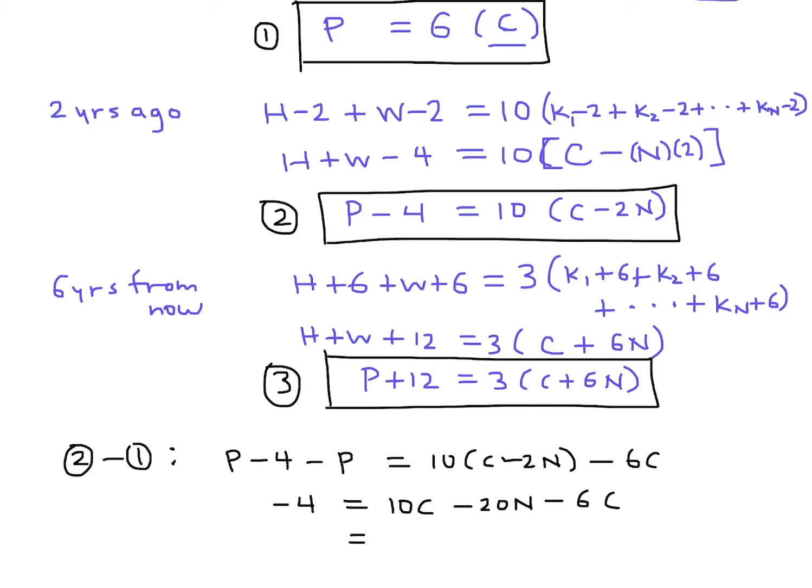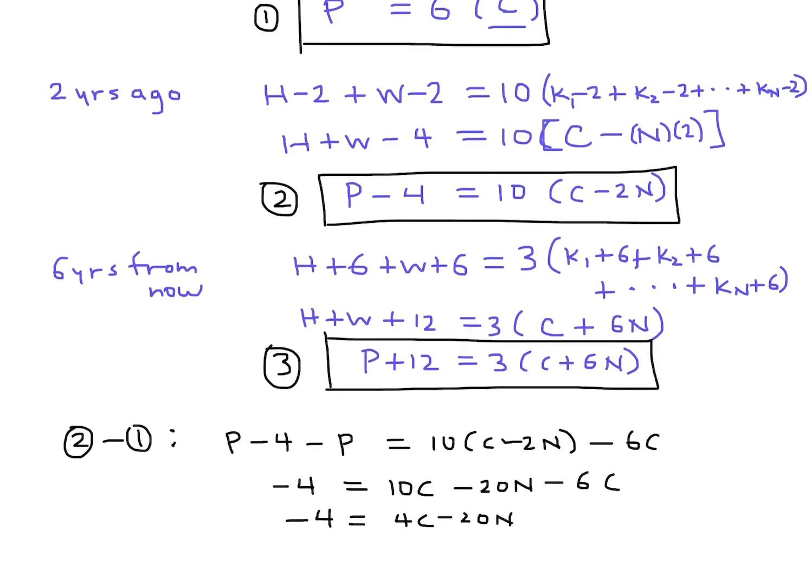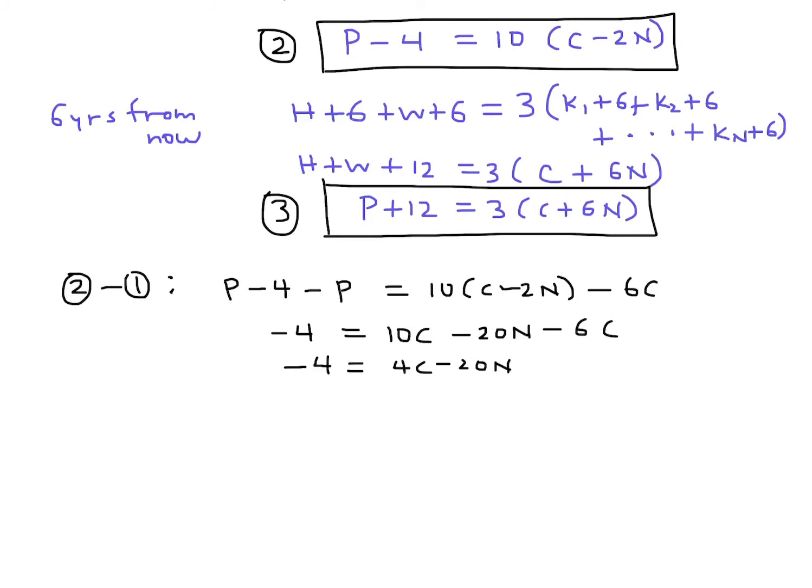So we have 10C minus 6C is 4C minus 20N minus 4. And that's about as far as we can go. We can isolate for C and then probably substitute it into the next one. So isolating for C, we'd get 20N minus 4 over 4 is C.